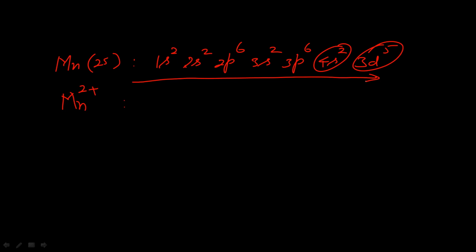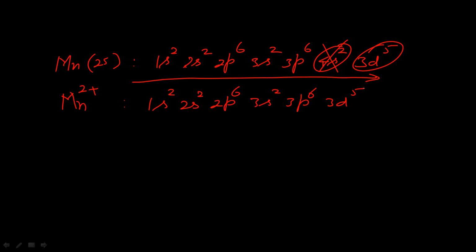Reverse of the above principle does not exist. The electron will always go from the outermost shell. It means 4s2 will disappear; 2 electrons will go from the 4th shell. So Mn2+ will be 1s2, 2s2, 2p6, 3s2, 3p6, 3d5, not 4s2, 3d3.